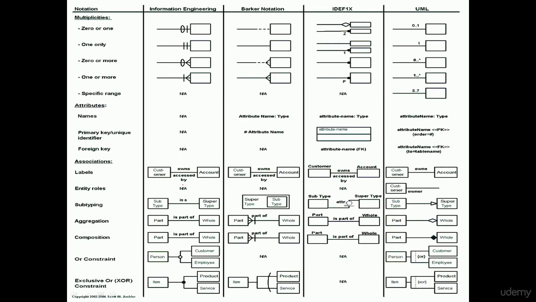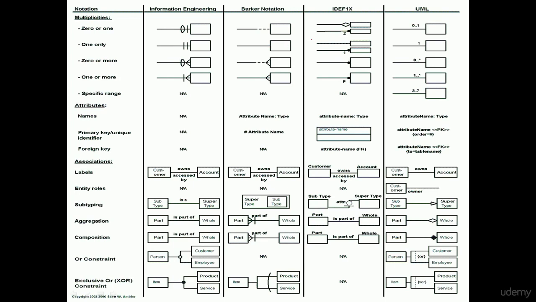Similarly, if you look at different notations, here we have information engineering notation. We were talking about minimum cardinality and maximum cardinality, where 0, 1 and crow's foot symbols are used. Similarly, if you look at the Barker notation, there will be small differences. Instead of using 0 and 1, it uses the dashed line and solid line.